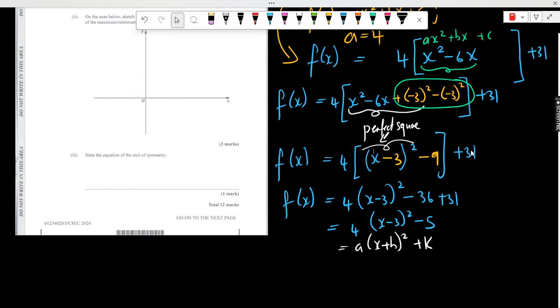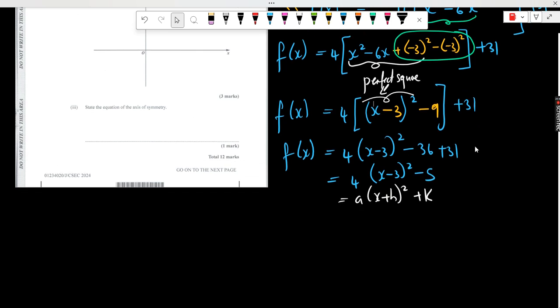So we get 4 x minus 3 all squared minus 36 plus 31, which simplifies to give 4 x minus 3 all squared minus 5. Sometimes they may ask us to actually state the values of h and k. If we were required to do that, it means that a equals 4, h is equal to negative 3, and k is equal to negative 5.